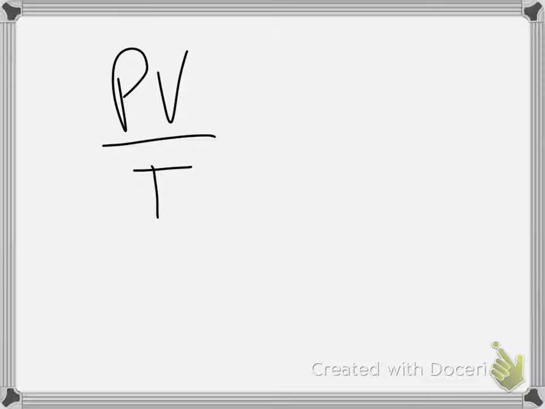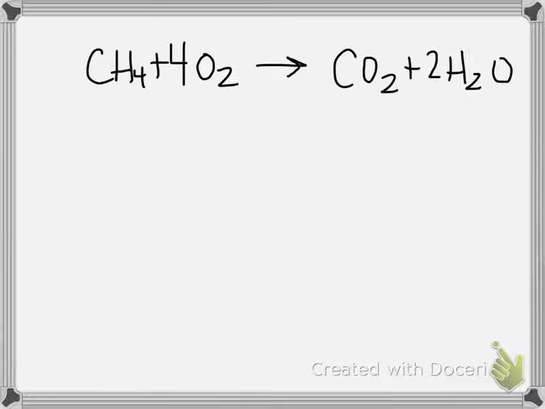So one other quick shortcut, and we're going to go back to one of my favorite reactions. So this is the combustion of methane. We've got it balanced. What is true if we put in the state information for all of these products and all of these reactants?